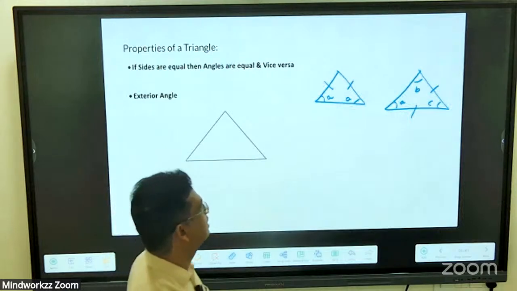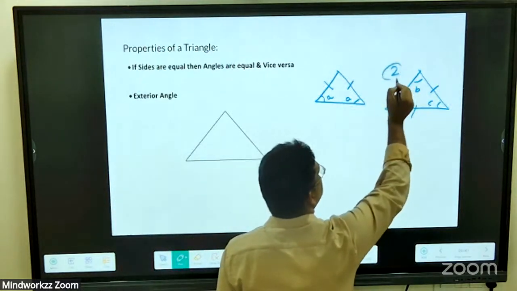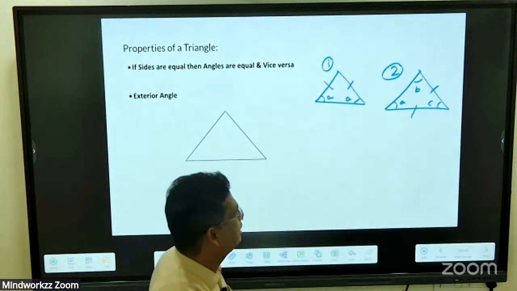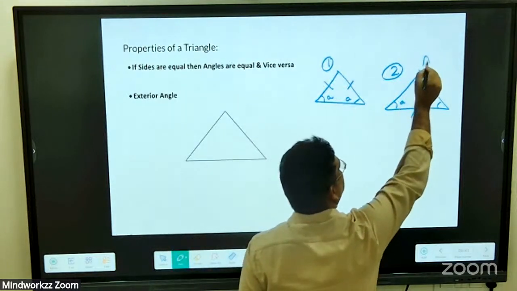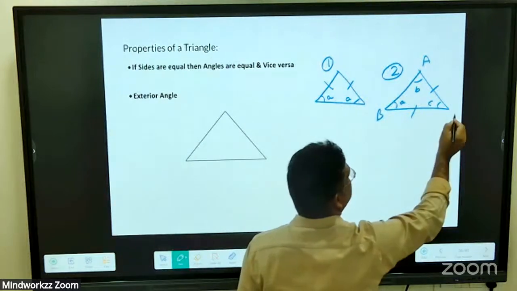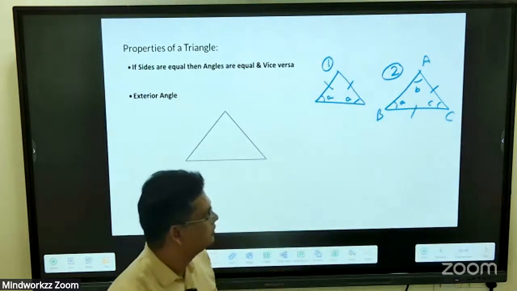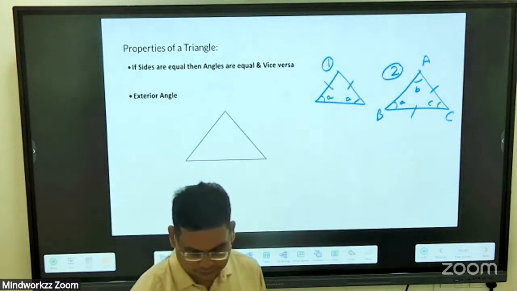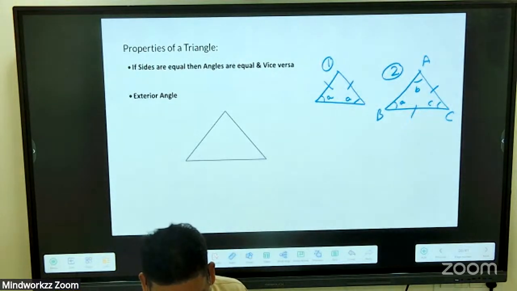This is the second triangle, and this is the first triangle. I have marked the vertices A, B, C. So BC and AC are equal. Please type your answer.